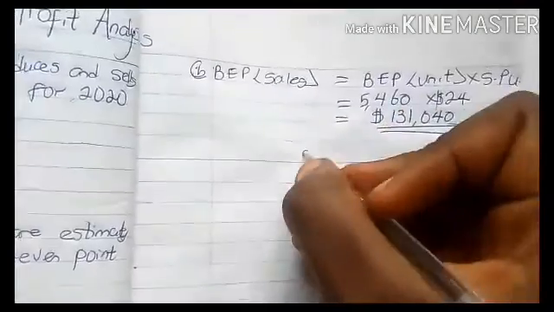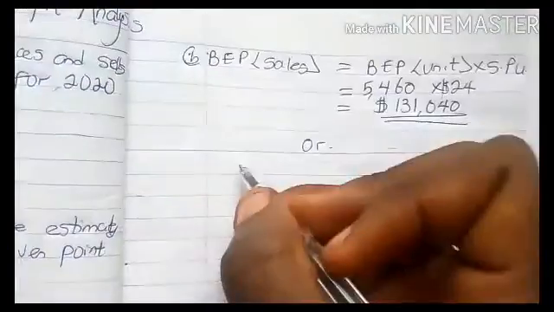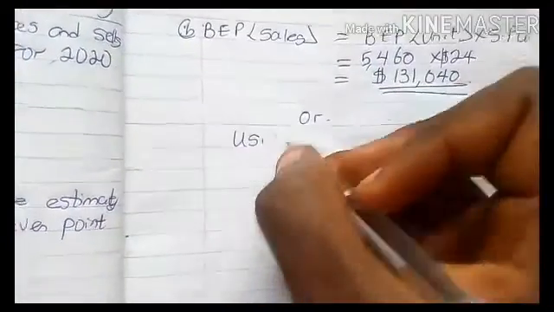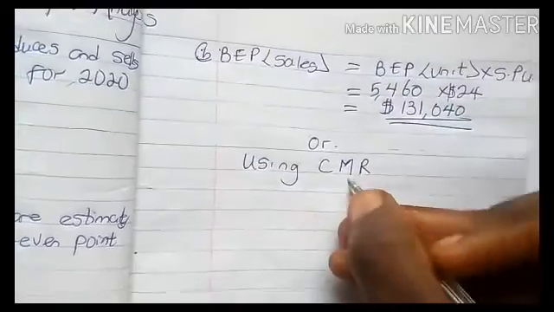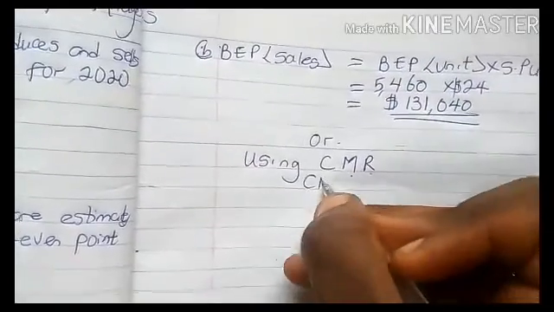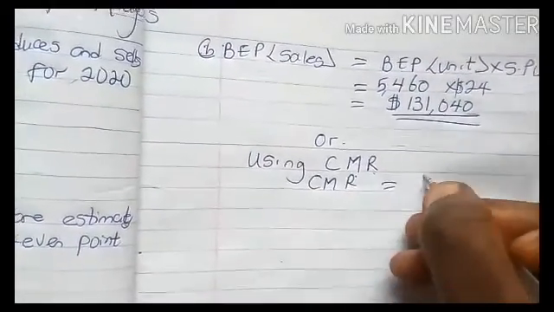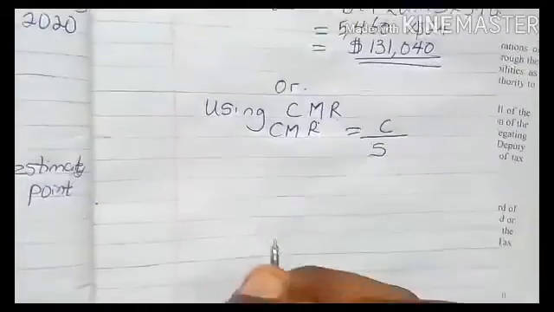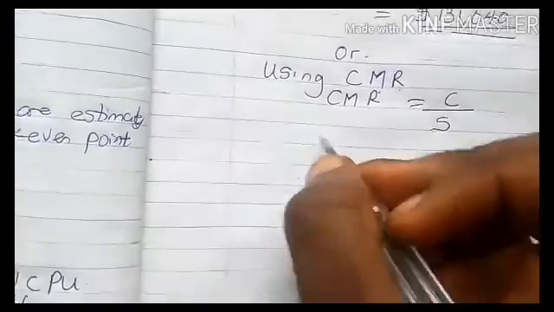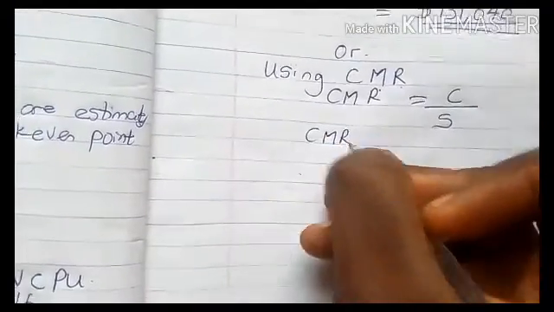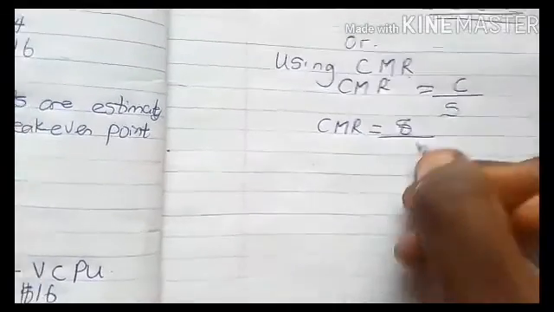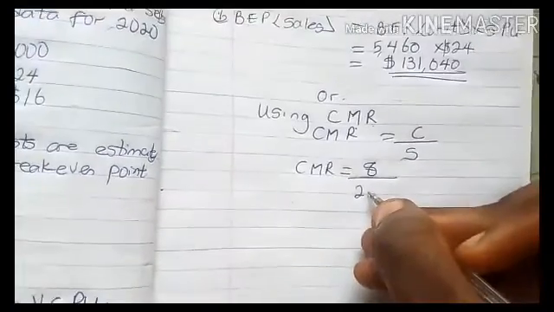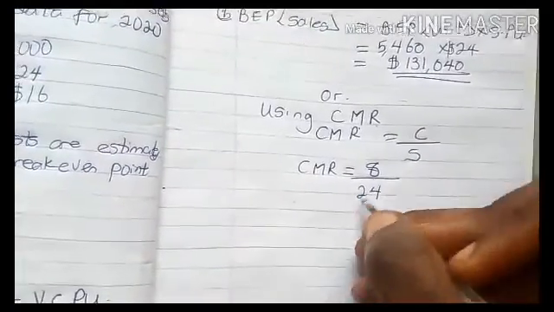Or we can use the other way, using CMR, contribution margin ratio. To get CMR, it is contribution divided by selling price. We've known our contribution per unit to be 8 and our selling price is $24.